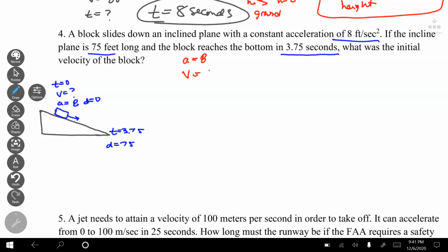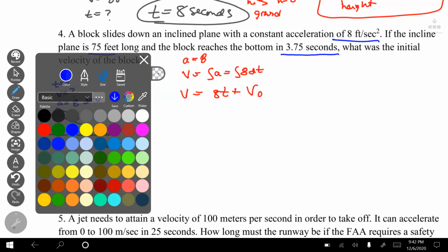My velocity is my antiderivative of a, which is of 8 dt. So my velocity equation is going to be 8t plus c. But I don't know my initial c, so I'm not going to call that c. I'm going to call it some initial velocity, v sub 0. Don't know what it is, just call it v sub 0.